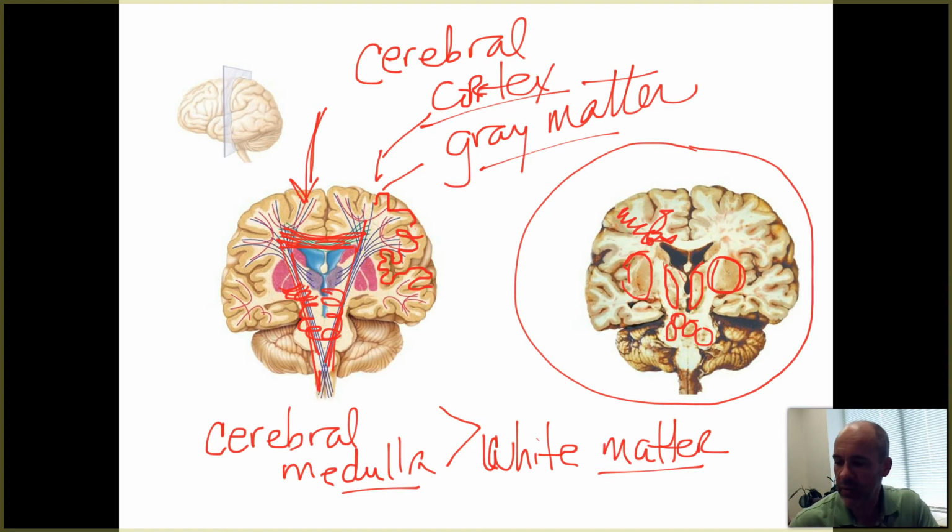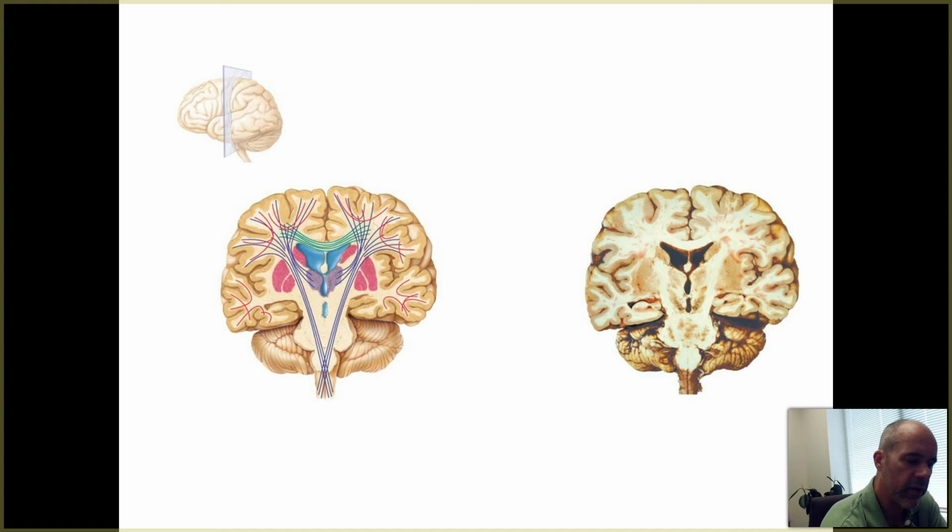I also want to draw your attention to, notice how you've got a white matter bridge on this coronal section that's connecting the left and the right hemispheres of the brain. And on this diagram from your textbook, they have drawn in a bunch of these greenish colored fibers there.